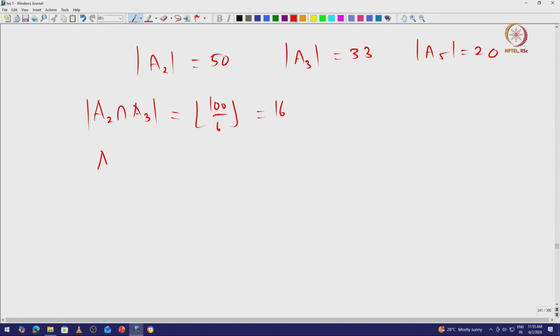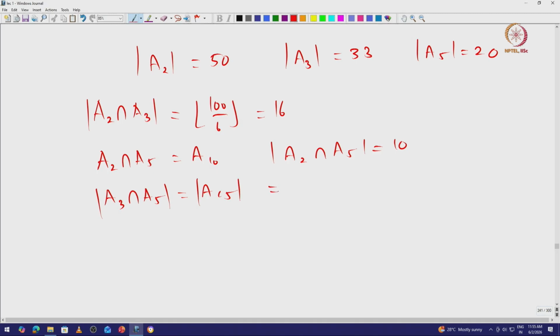Similarly, A2 intersection A5 is A10, so its cardinality is 100 divided by 10, which is 10. And A3 intersection A5 is A15, whose cardinality is 100 divided by 15, the greatest integer, which is 6.